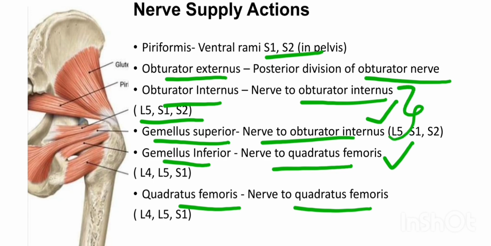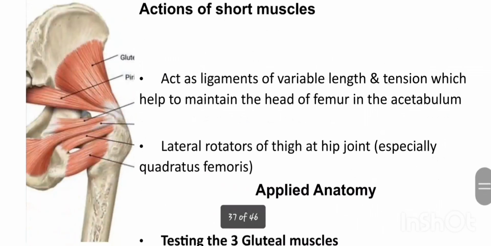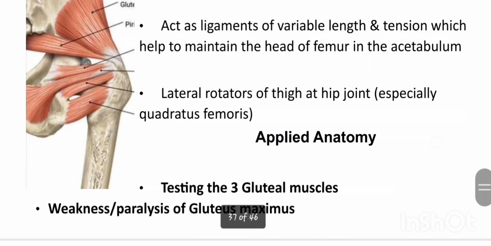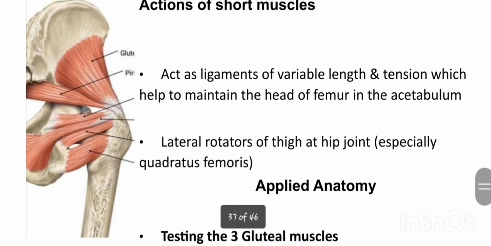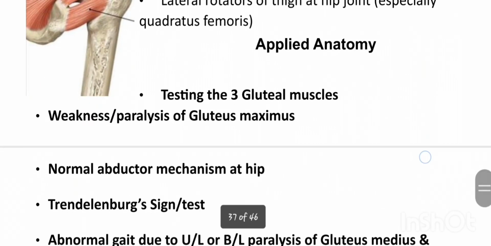Just remember that. Coming to the actions, the piriformis, superior and inferior gemellus, and obturator internus and externus are all lateral rotators of the thigh. That is the main function.